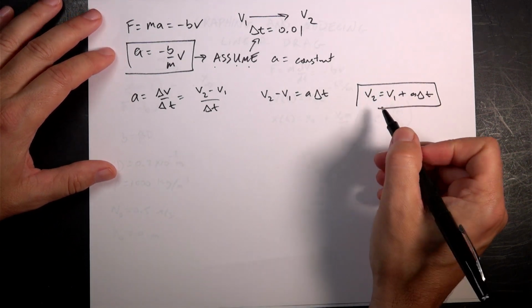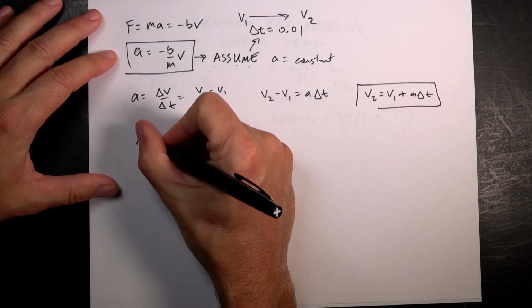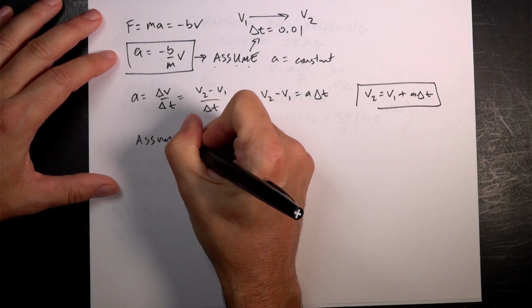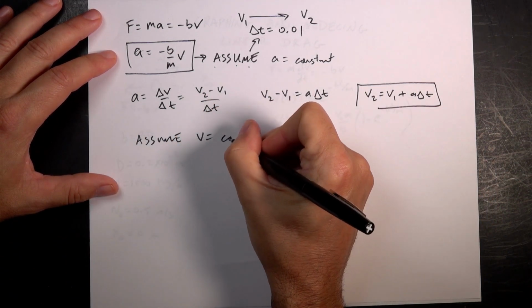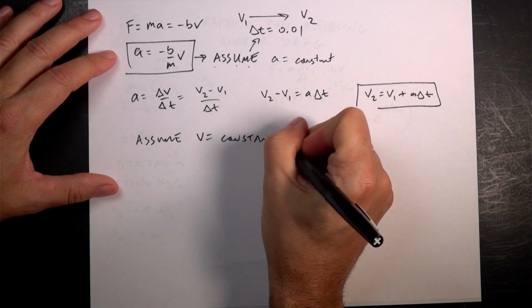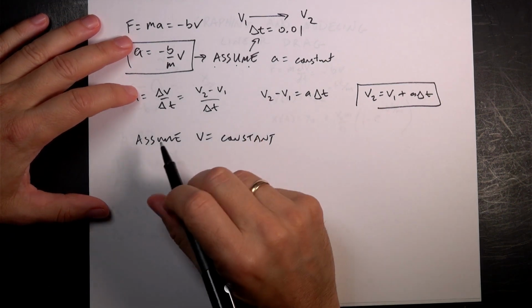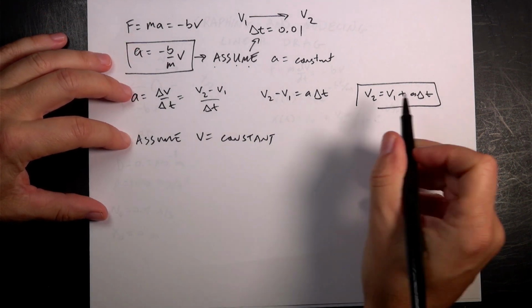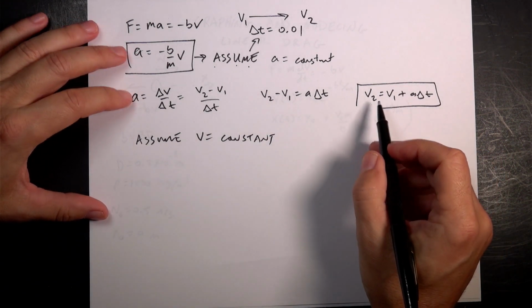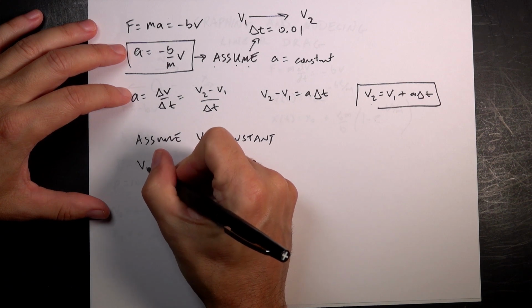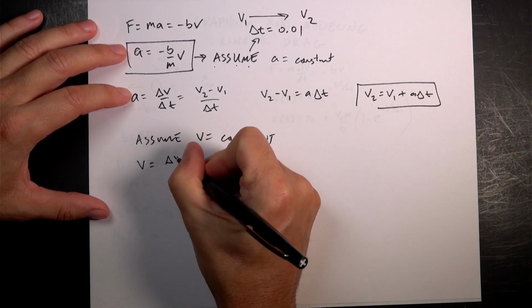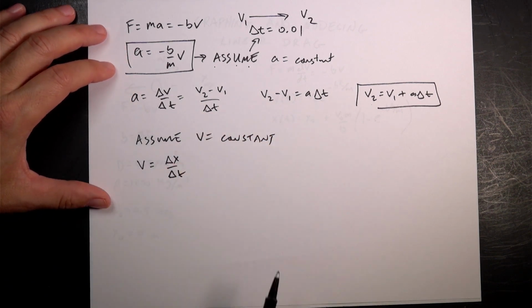Okay, now let's do the same thing. Let's assume v equals constant, and you may be thinking, and you should be thinking, but wait, we just showed that v changes. I know. Okay. So if v is constant, I'm going to use this as my value for v that is calculated. I can say v equals delta x over delta t. That's the definition.